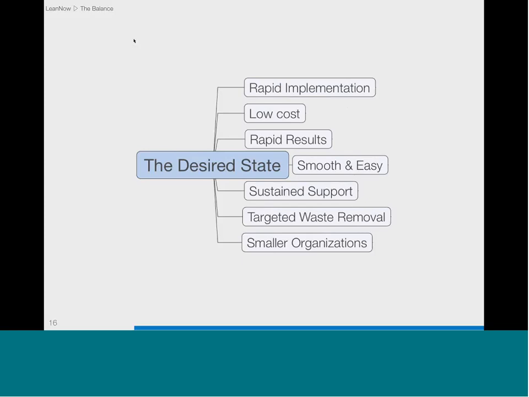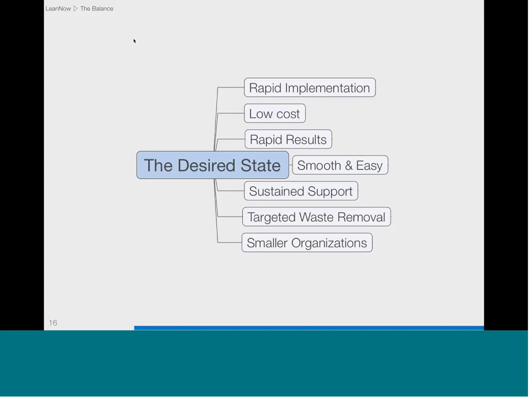We have a tool that we could target waste removal rather than doing broad brush wall-to-wall waste removal. We have a way to find the high leverage waste and remove it first and get the most benefit we possibly could, and something that would work as well for smaller organizations as it would for large organizations. So that's kind of the design goals for LeanNow that we started with.